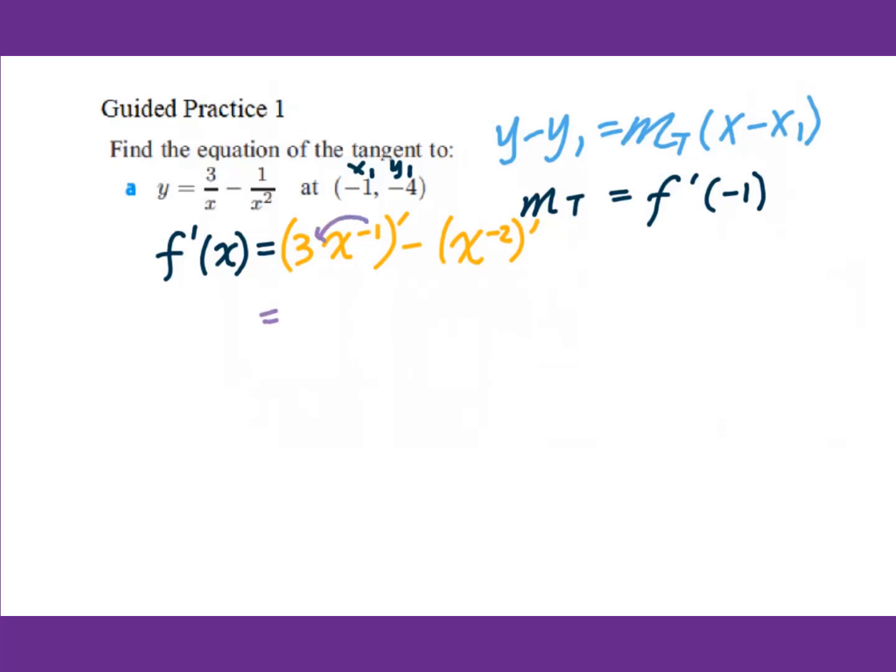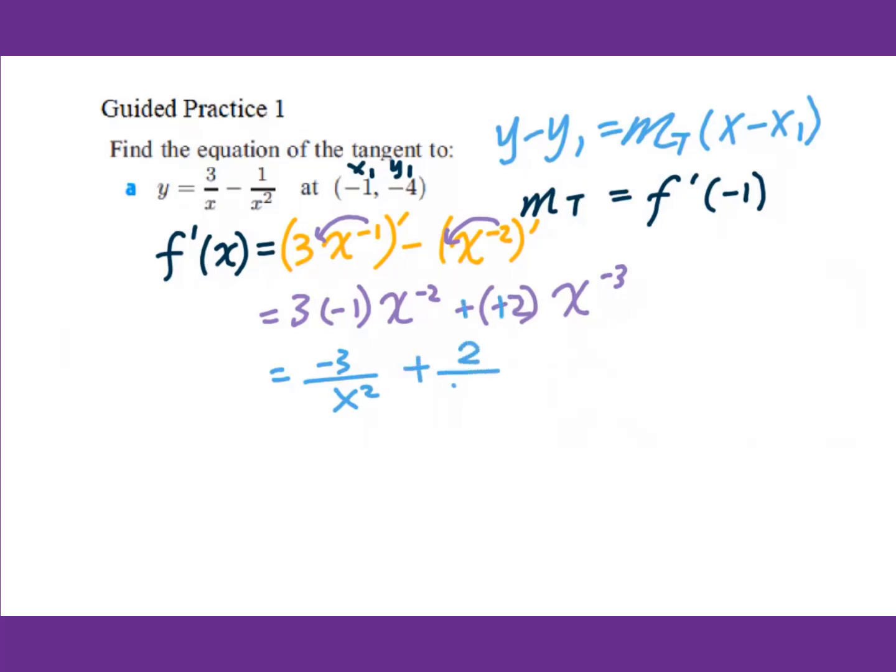So drop down, you get 3 times -1 times x to the negative second power, minus, drop down -2 times x to the negative third power. Then we organize: -3 over x squared, negative, that's a positive, 2 over x to the third power.